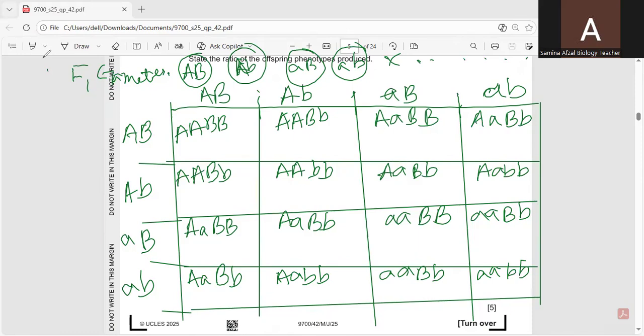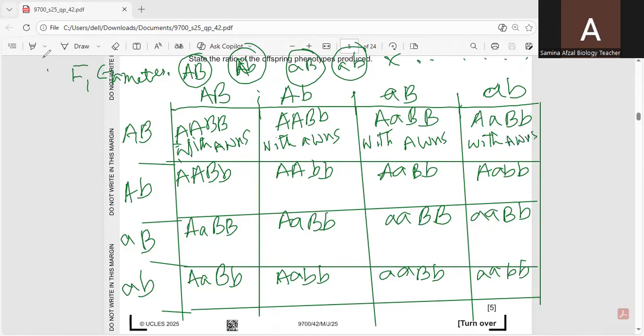According to the rules of inheritance, when there is a capital letter, it shows the phenotype with awns, because a single capital letter shows dominance.